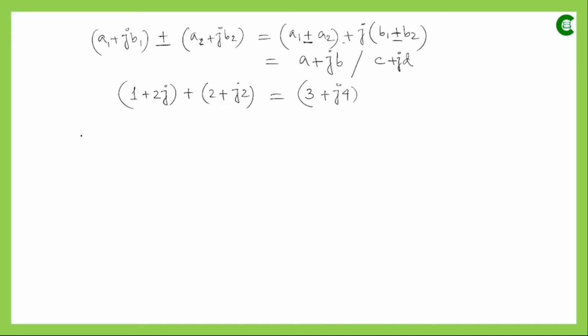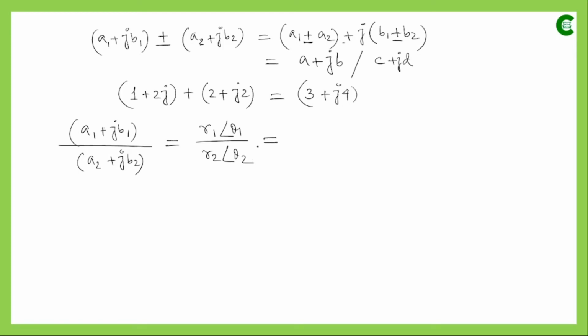Now if we wish to multiply or divide two data, it will be easier for us to multiply or divide if those two data are given in polar format. Suppose they are not given in polar format, and still we want to divide these two data. Then first we have to convert this rectangular data into polar format, and similarly the data in the denominator will be converted into polar format, and then we will perform the division.